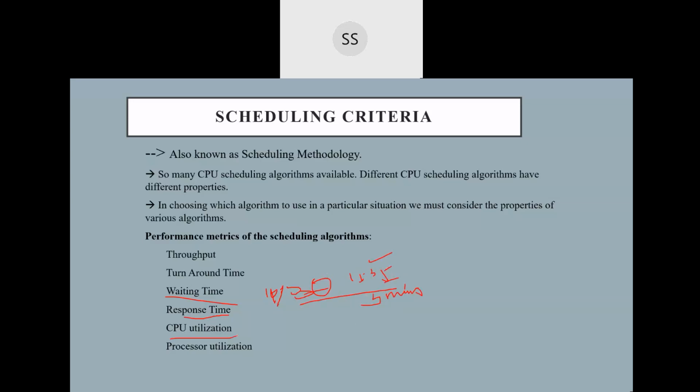Next is CPU utilization. CPU utilization is taken in terms of time, the time that the processor is busy.